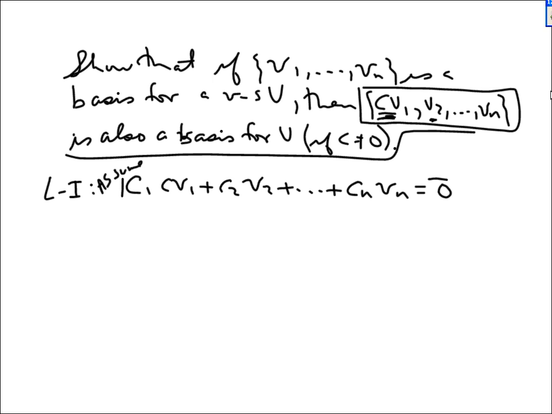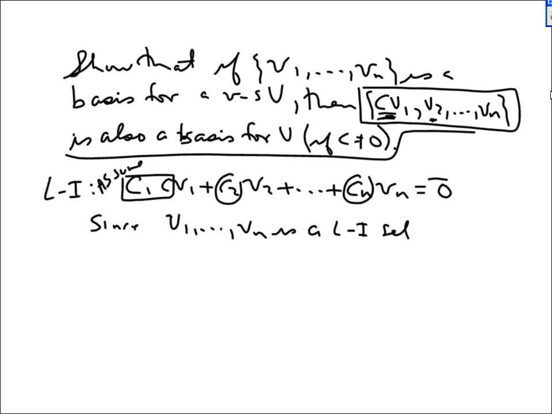Now, this is one scalar times V1, this is a scalar times V2, all the way down to one scalar times Vn. Since V1 through Vn is a linearly independent set, that implies that C1C equals C2, all the way down to Cn are 0. That is, all of these are 0.